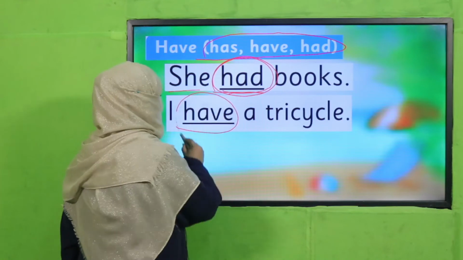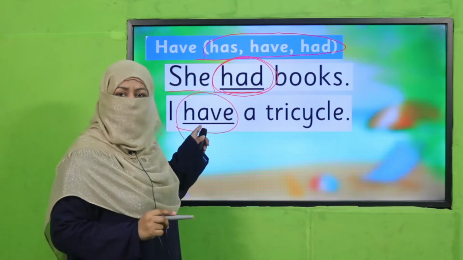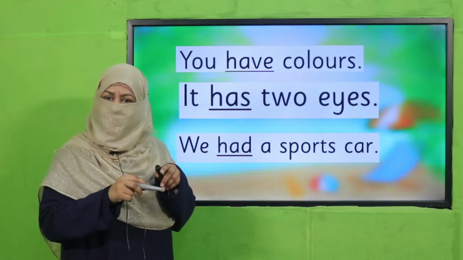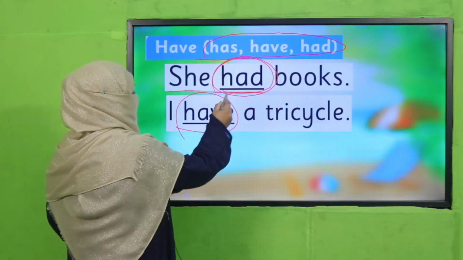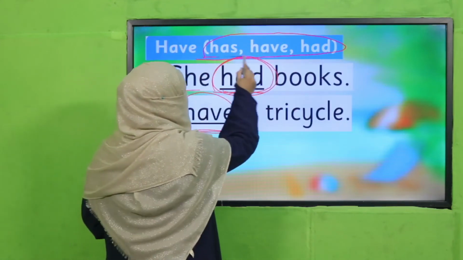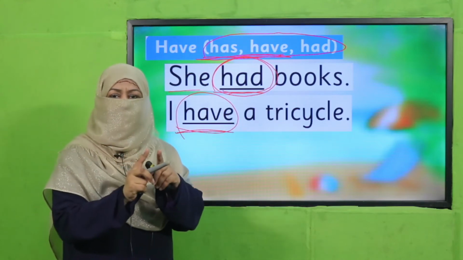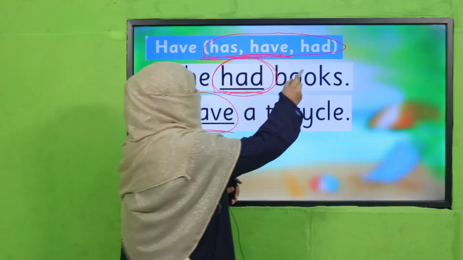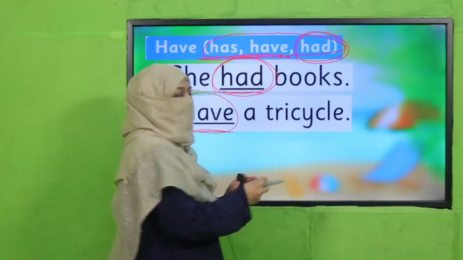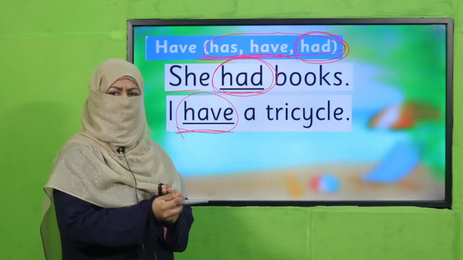I have a tricycle. This have is showing present tense. So this is how we use has and have as main verb for present tense, and had as main verb for past tense, right? Simple.